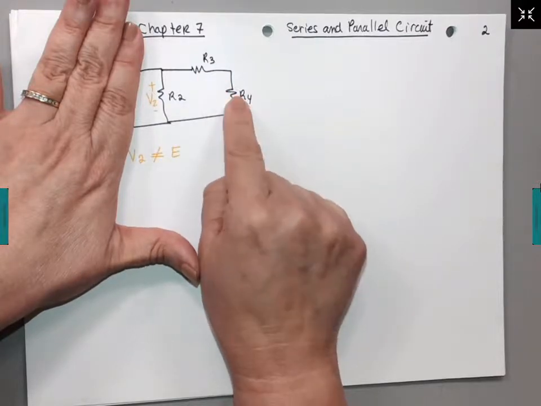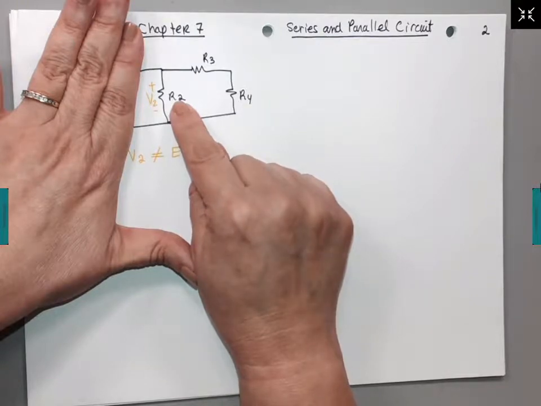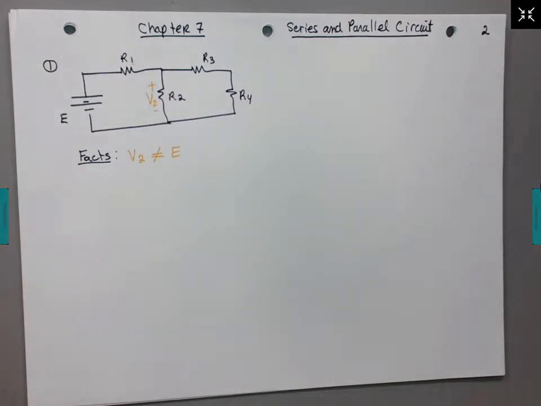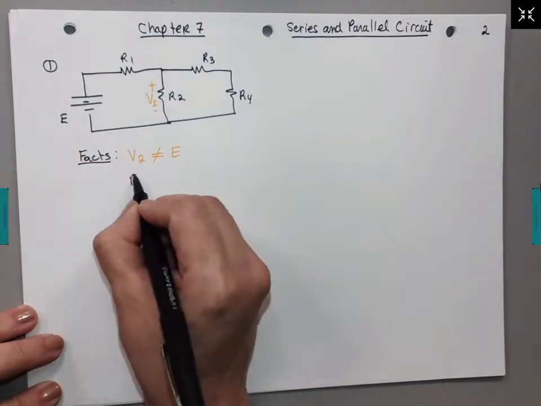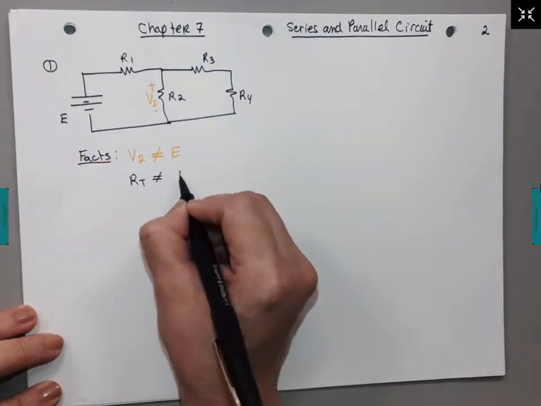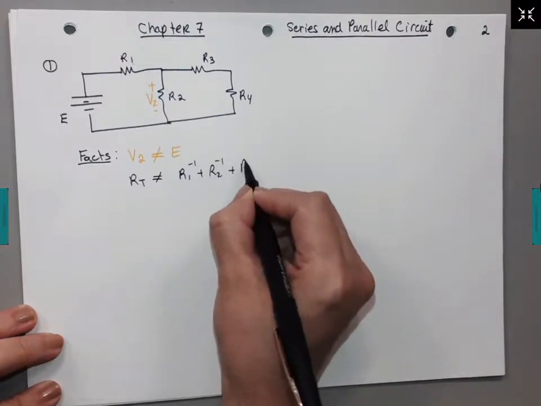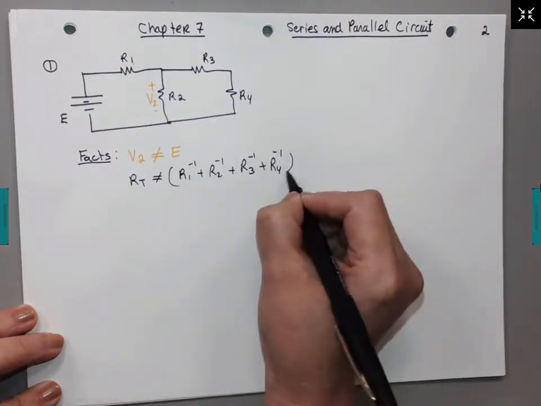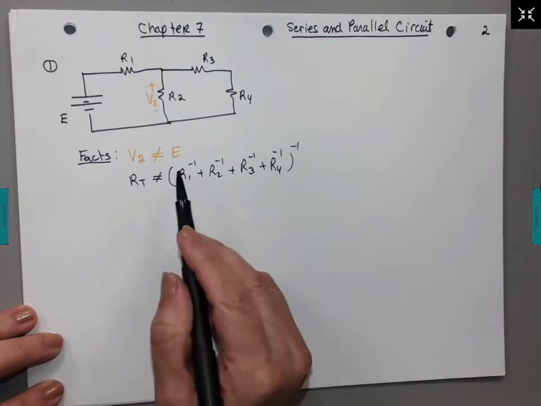You can combine them, and then R3 and R4 will be in parallel with R2. So one of the reasons that I'm showing you these facts is that RT is not equal to R1 plus R2 plus R3 plus R4. It is not that guy. It is not. So don't assume that it is.